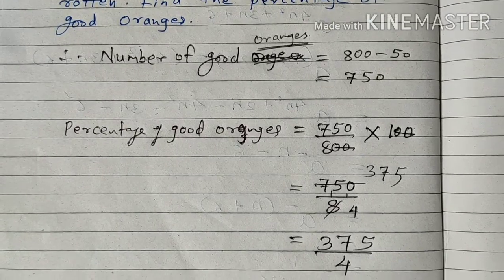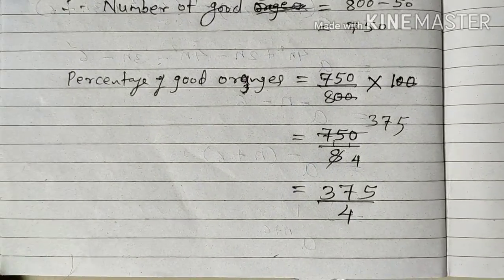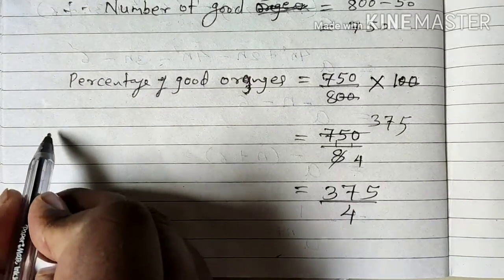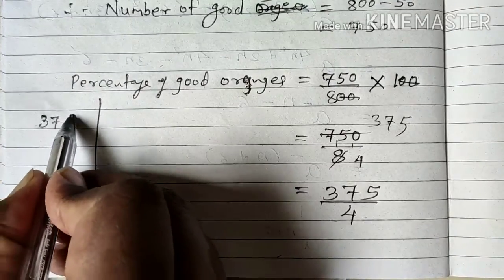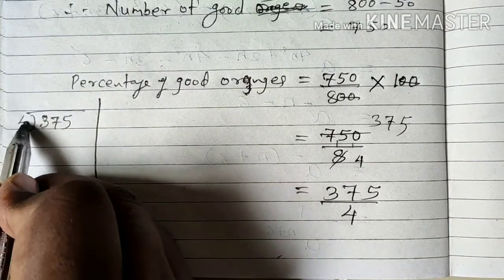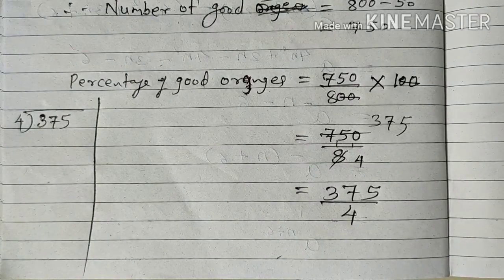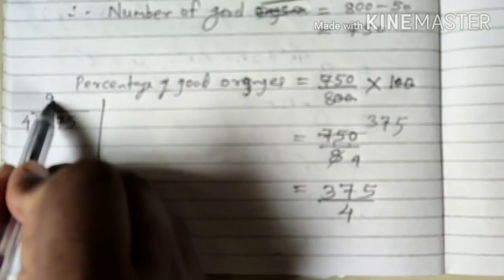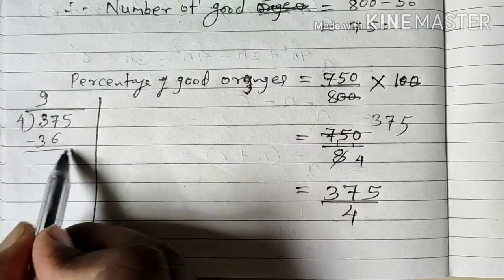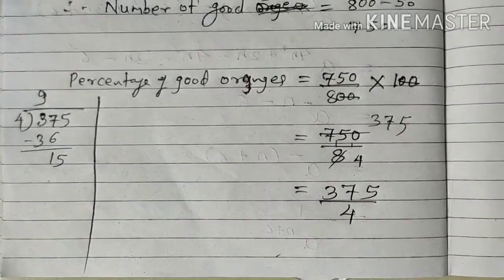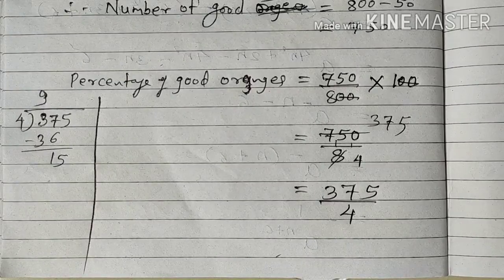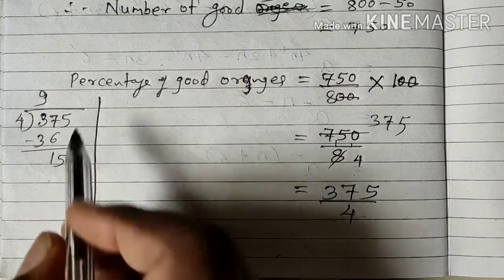Or we can also convert it into the mixed fraction like this. It is our rough work. So to convert it into mixed fraction, 375 is divided by 4. So when we divide it by 4, 4 9s are 36, 15 will be remainder. Then 4 4s are 16. So here is 15.